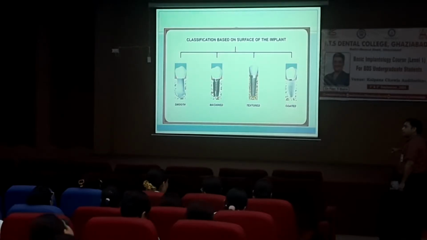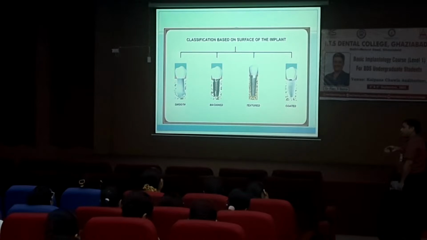Coated implant means the implant surface is coated with some other substance, for example with PRF, then laser spray is also there, then some growth factors on the surface to increase the osseointegration.